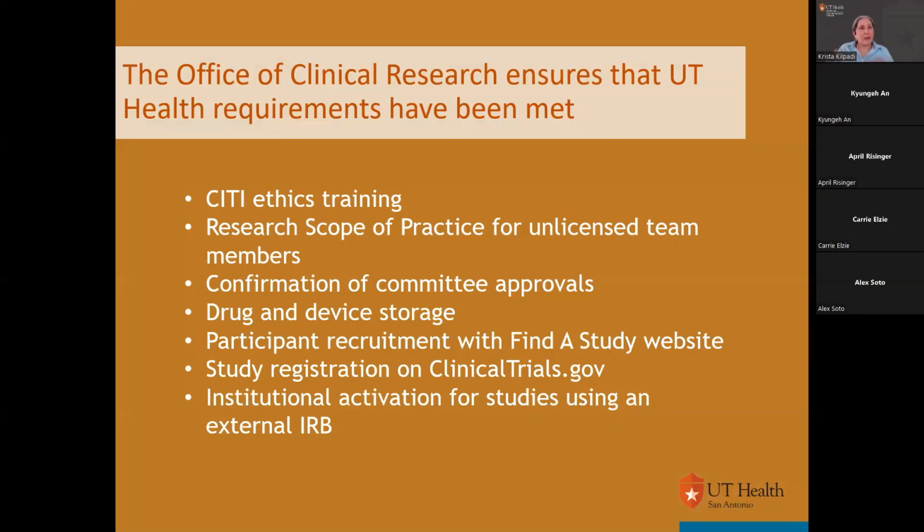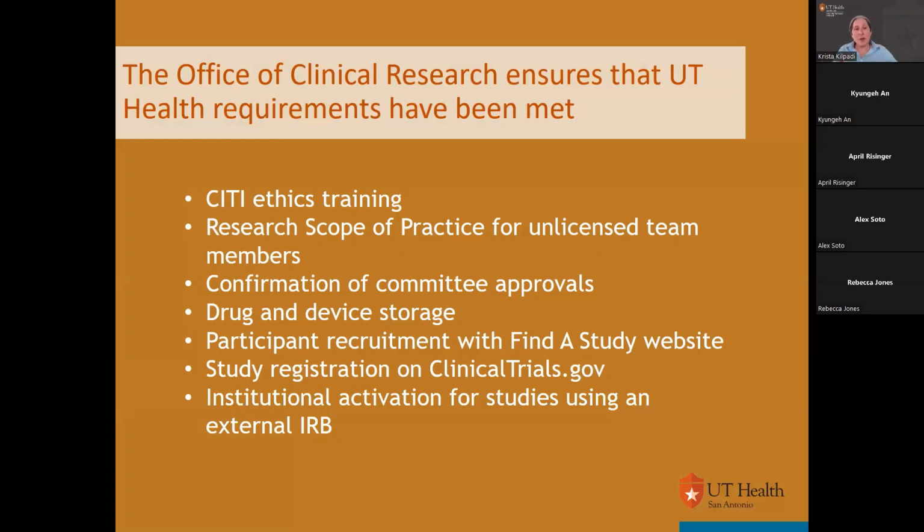And finally, the OCR also handles institutional activation for studies that are using an external IRB. I saw that we did have a question about external IRBs, whether things were different. If you're using an external IRB, you're going to fill out an application and give it in, and the Office of Clinical Research is going to review it.